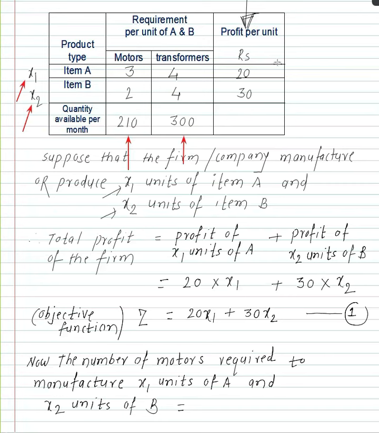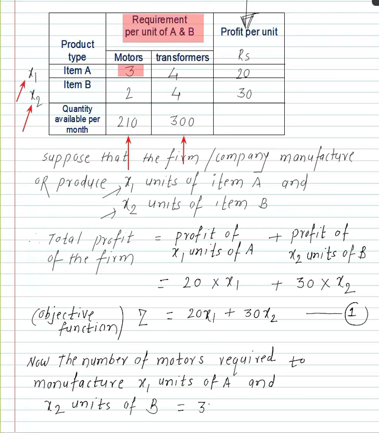Now look at the table. Each item of A requires 3 motors. This is the title of this column, requirement per unit of A. How many motors require? 3 motors. And a firm manufacturing x1 units of A. So how many motors will be required for x1 units of A? 3 into x1.